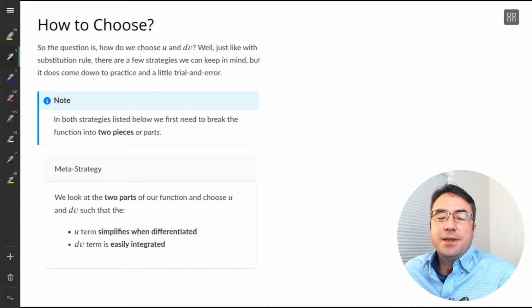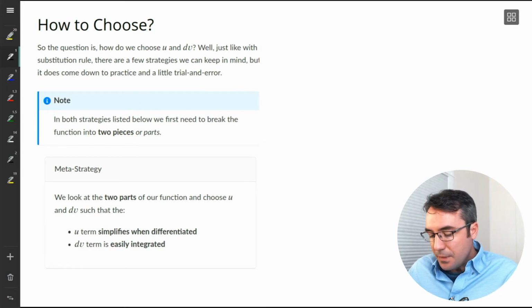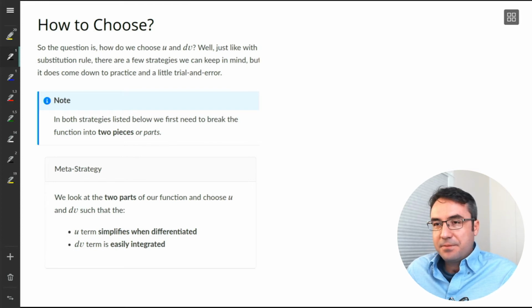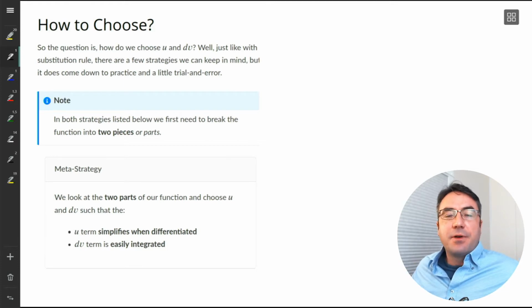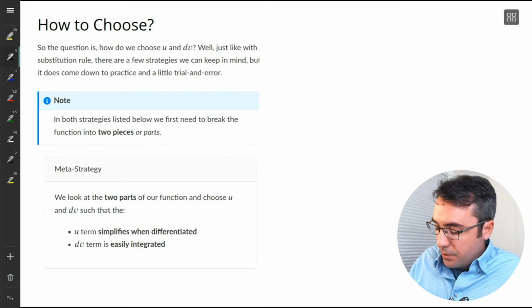And so, there's various strategies on how to do this. Sometimes they work, sometimes they don't. Kind of like what we saw with substitution rule. But the two strategies to keep in mind, and we'll talk about the second one in a second, is we look at the parts of our function. So our function, what was our integral in example 1?